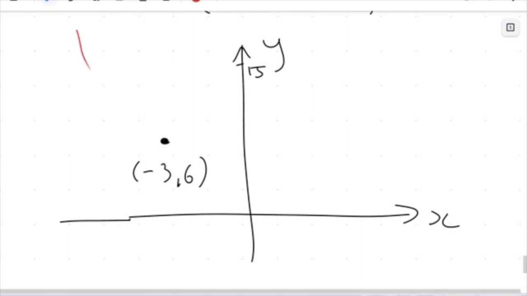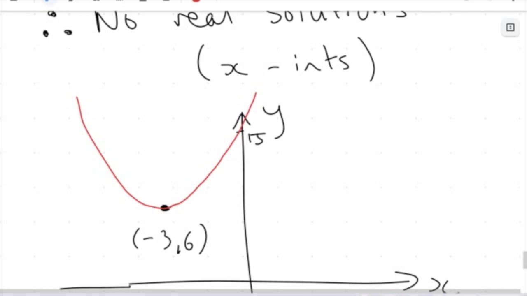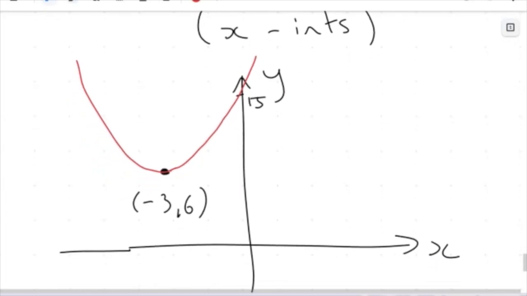And if I draw this out, I'm going to get something that looks like this. And these are the only pieces of information that I can use. Because we had no x-intercepts, I can still draw this with my turning point, considering whether this is concave up or down, as well as a y-intercept.